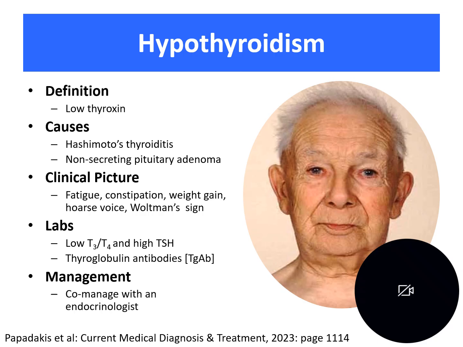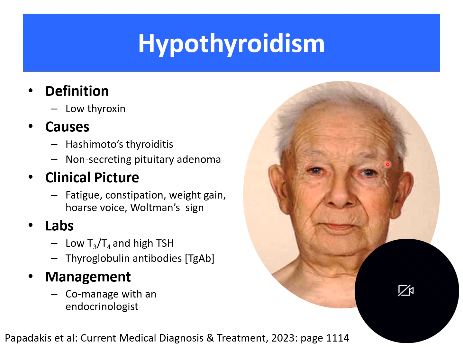In addition to the hoarse voice, the hair becomes brittle, it may fall out, you lose the outer third of the eyebrows, and you have what is known as Woltman's sign.